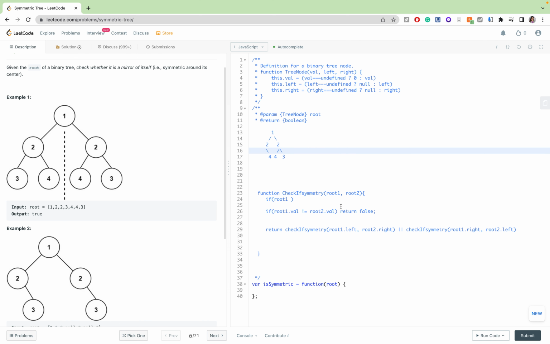I'm checking this is left and this is right. This is a left and this is a left root, this is right. So what I should do is, if both exist, then I should continue. There might be a case where both are null as well.